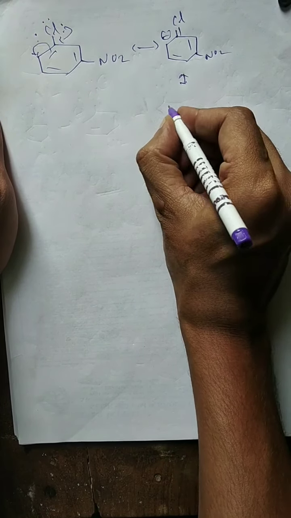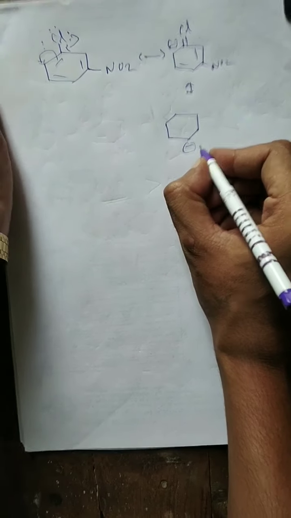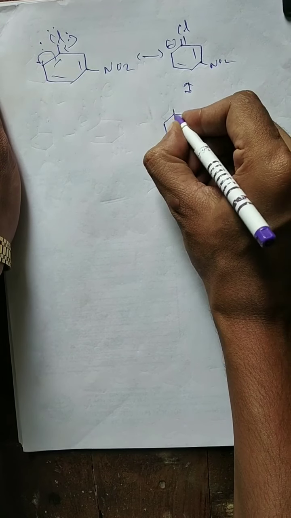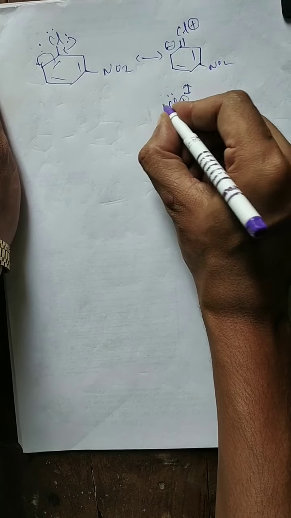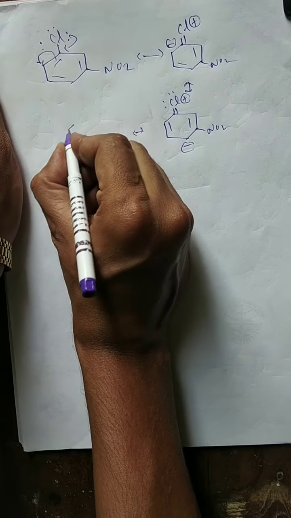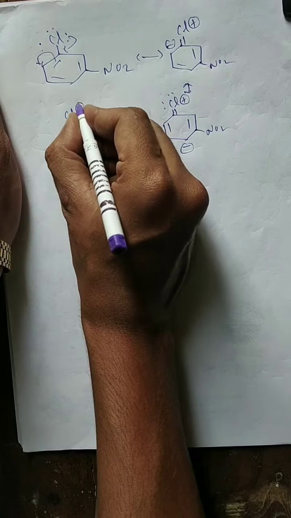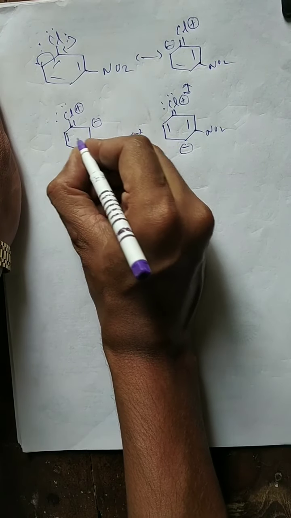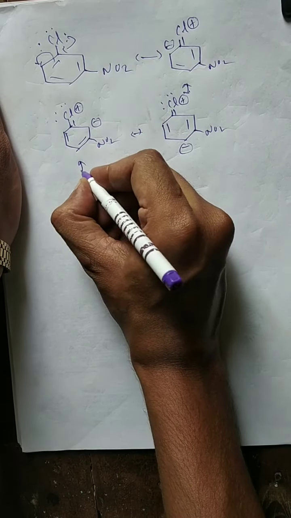Then the negative ion will come on the fourth number carbon. Then the negative ion will go on the sixth number carbon. Then we'll get the original structure back.